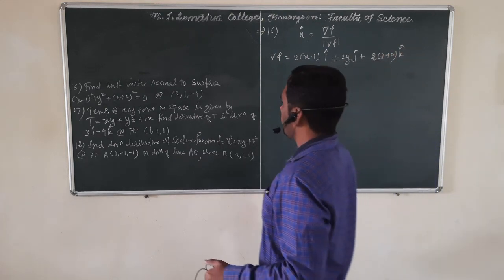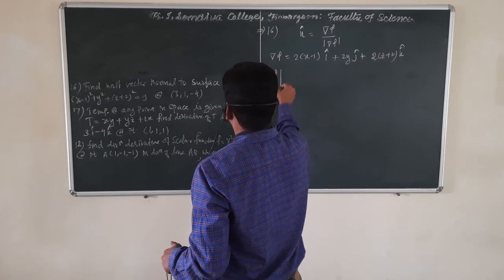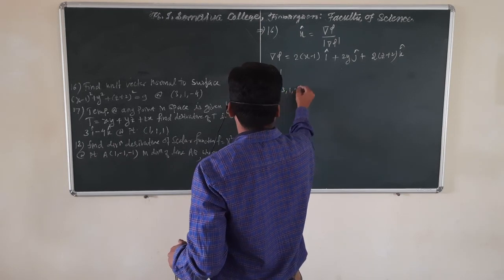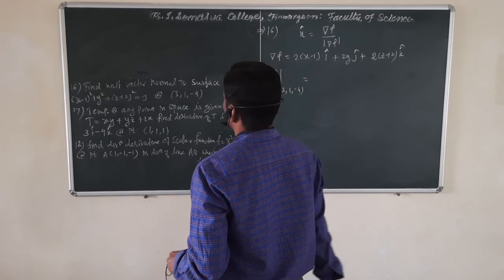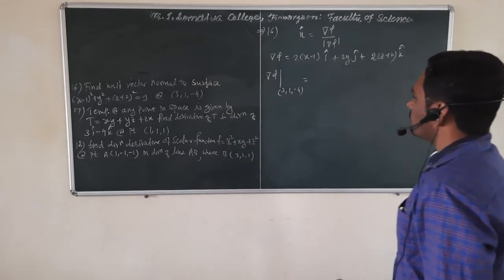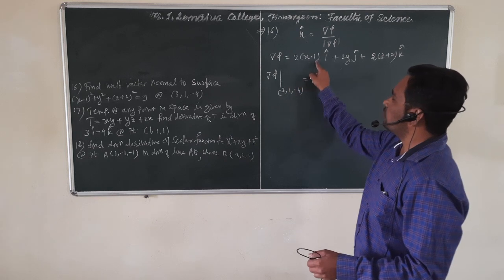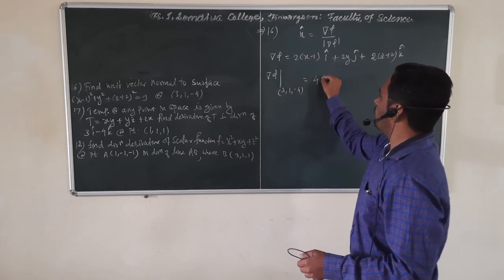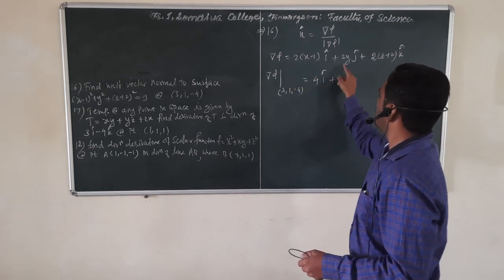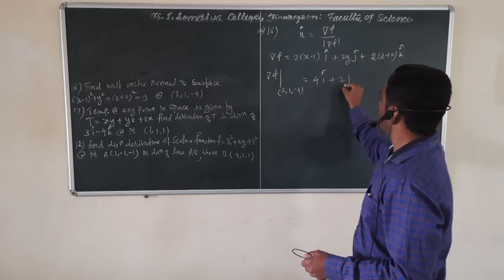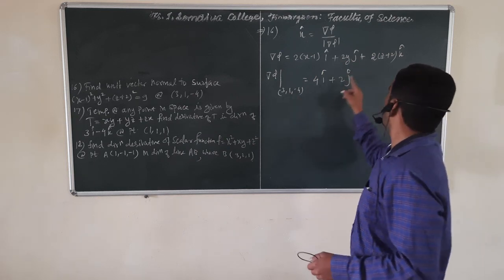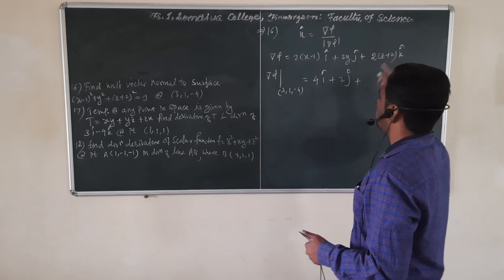And gradient of phi at (3, 1, minus 4) is equal to, here x minus 1 is 2, so 2 into 2, which is 4 i cap, plus 2 into y, which is 2 j cap, and plus z plus 2.